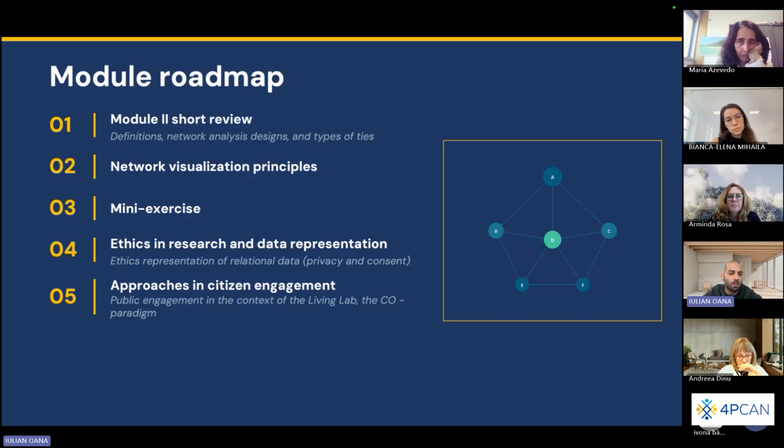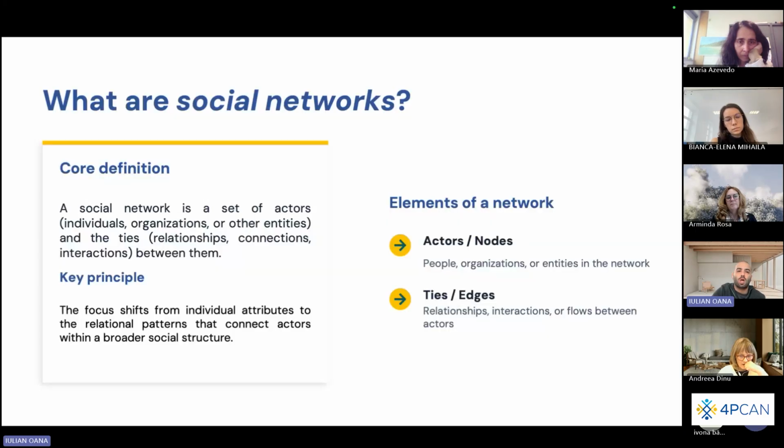And afterwards, my colleague Bianca will continue with the topics of ethics in research and data representation and approaches in citizen engagement.